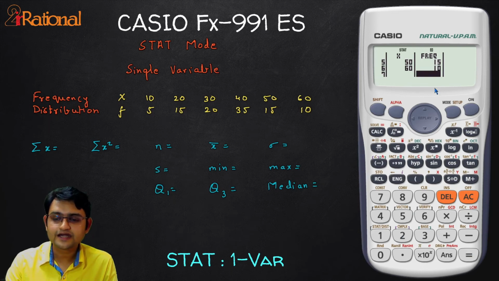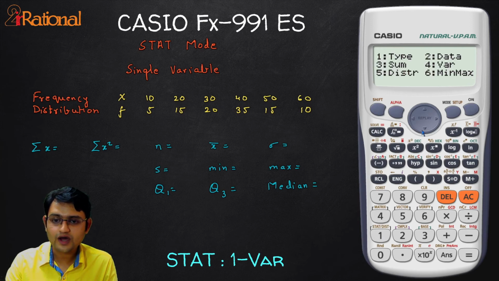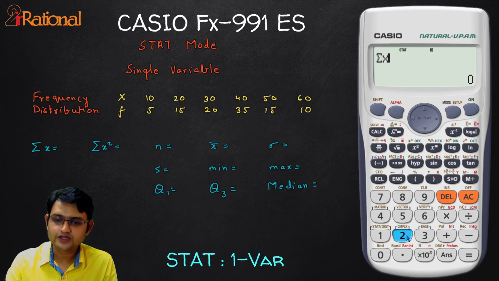After completing our data, all I have to press is AC, go to shift 1, and I have again the same options. Again for sum, I'll press 3, get my summation value.